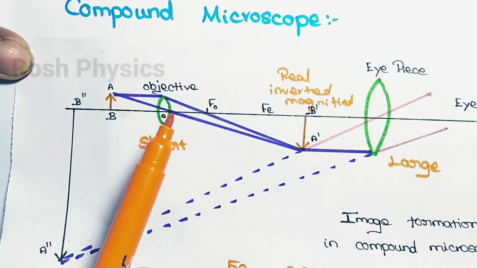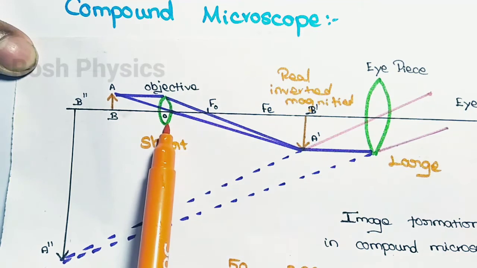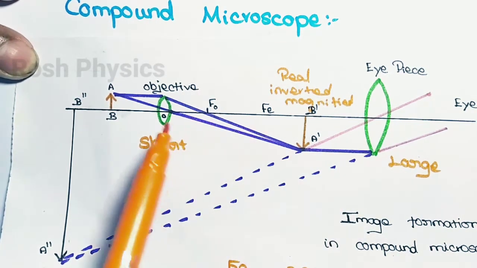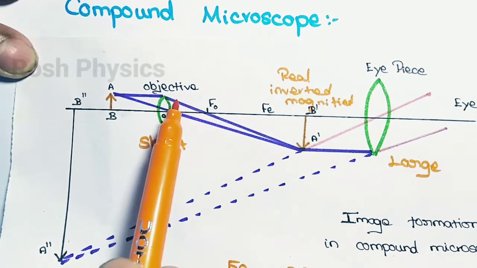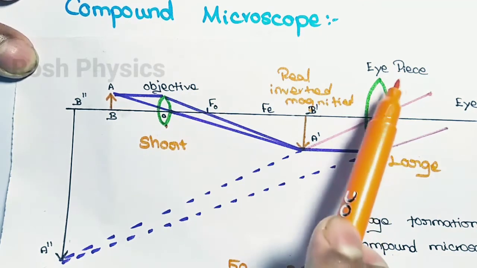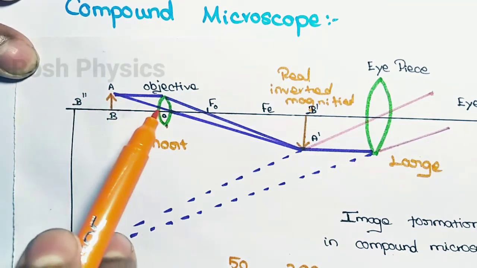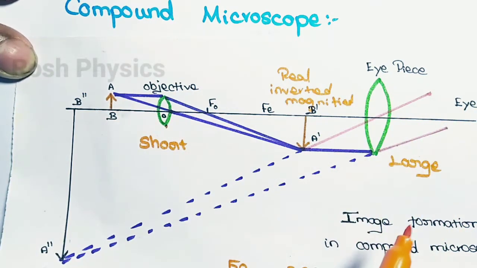This is the diagram of a compound microscope, and here you may see two lenses. Here is one lens and here is another lens. Both are convex lenses. Listen guys, this lens is called the objective lens and this lens is called the eyepiece lens. Normally the object is placed near the objective lens and the eye is placed at the eyepiece lens.